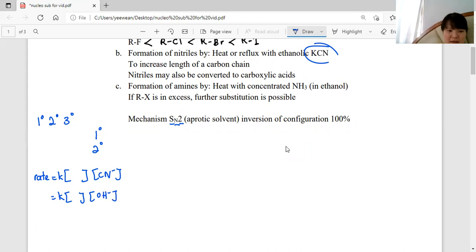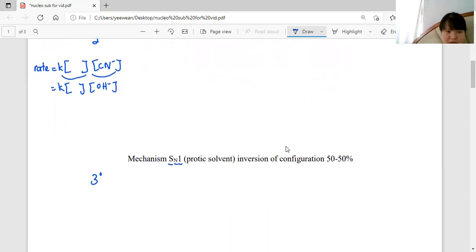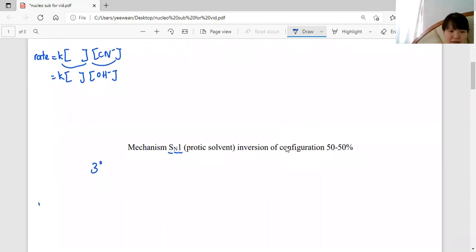So that is why second order, and that's why the 2 here. Whereas for tertiary halogenoalkanes, the rate is equal to k halogenoalkane. You don't see the OH or the CN here, which is why this is a first order reaction. That's why nucleophilic substitution first order.